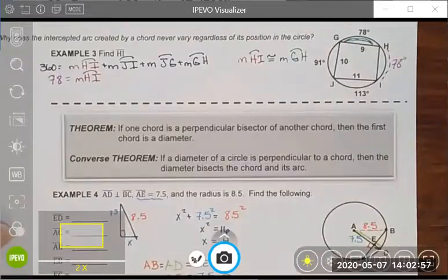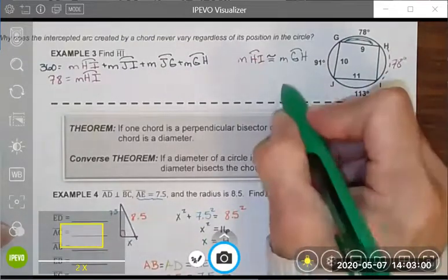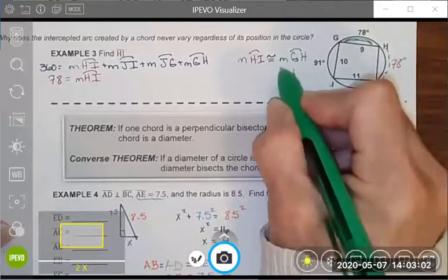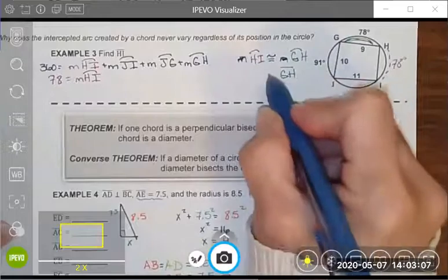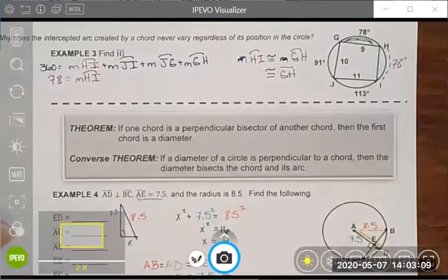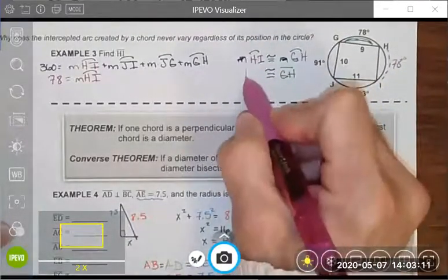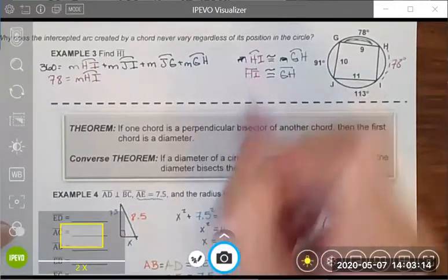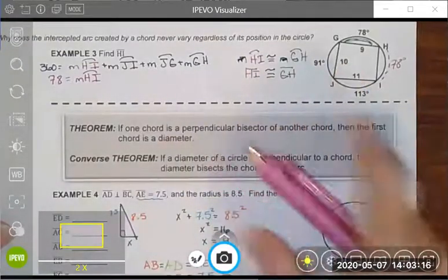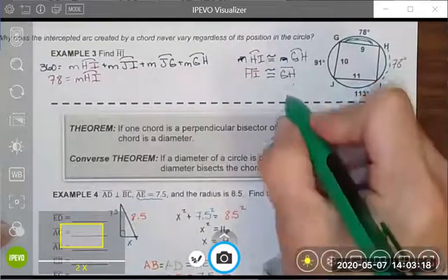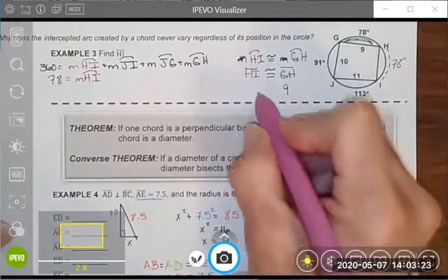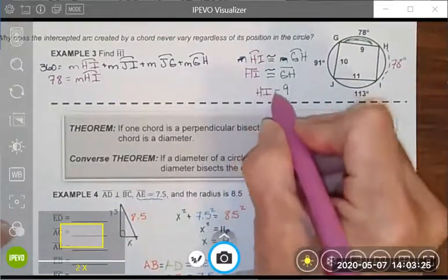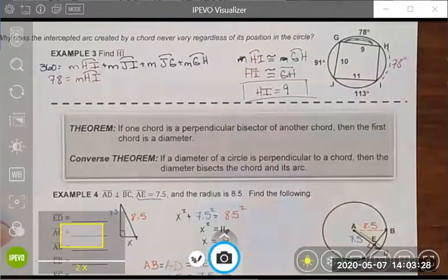That means that their corresponding segments will also be congruent. So segment GH will be congruent to segment HI, and you don't need the M if you're using congruency, Palmer. And we know that GH measures 9, then I can also say that HI is equal to 9. And that answers that question without too much difficulty.